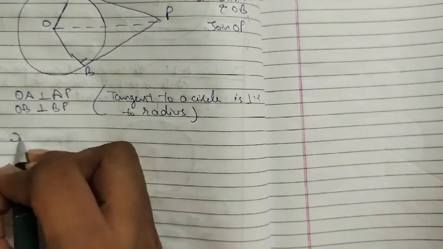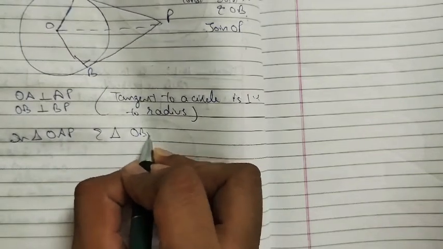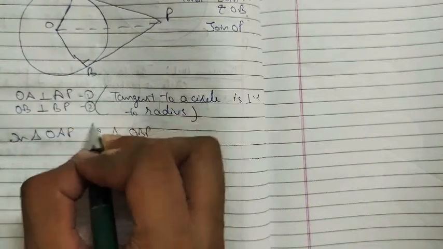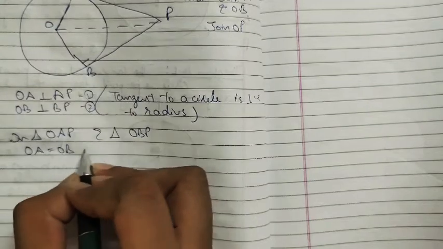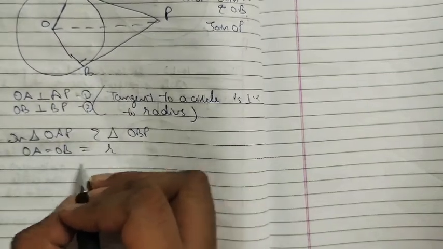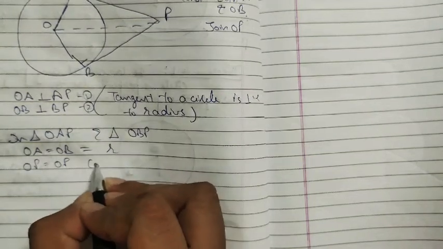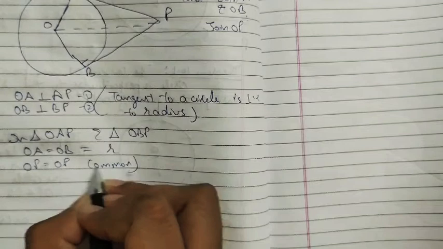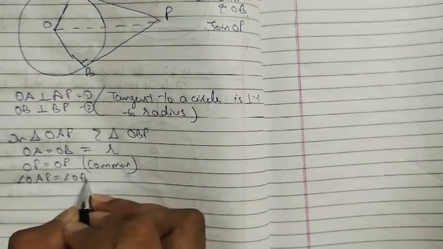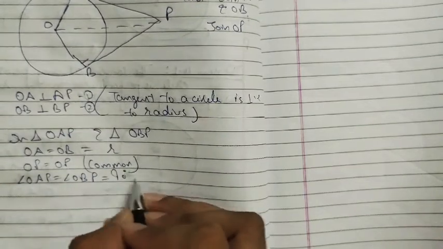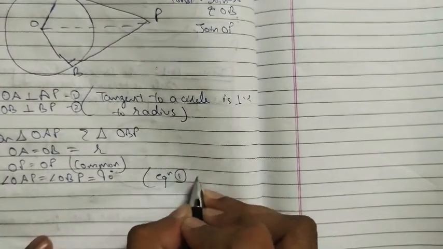Let's call these equation 1 and equation 2. Now in triangle OAP and triangle OBP, OA is equal to OB, equal to the radius of the circle. Also OP is equal to OP, common. And angle OAP is equal to angle OBP, equal to 90 degree, from equations 1 and 2.